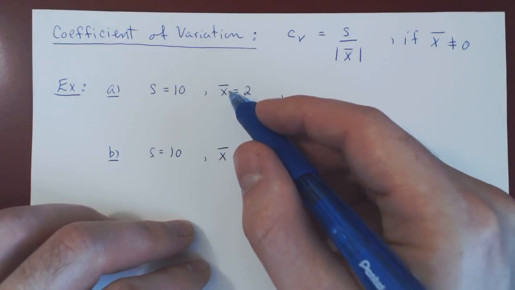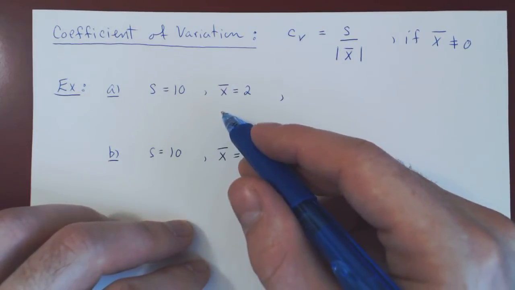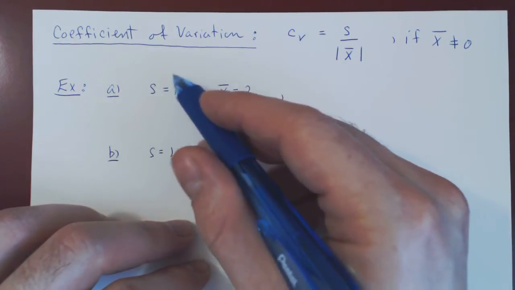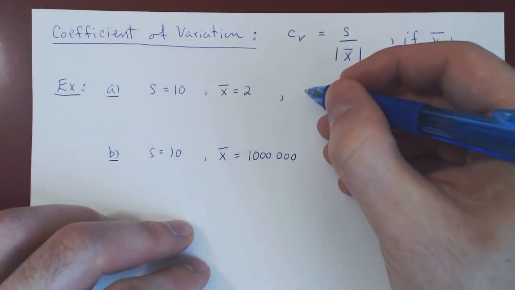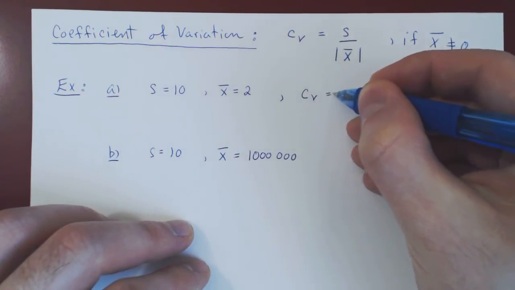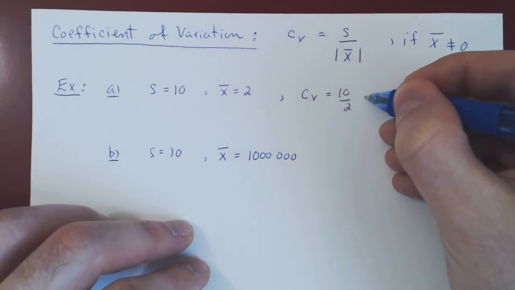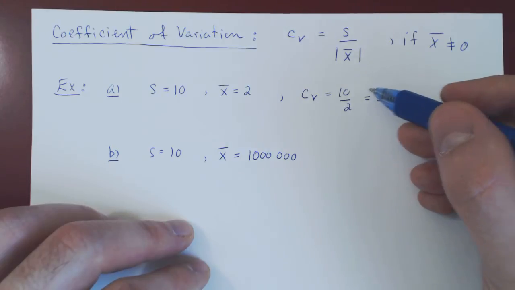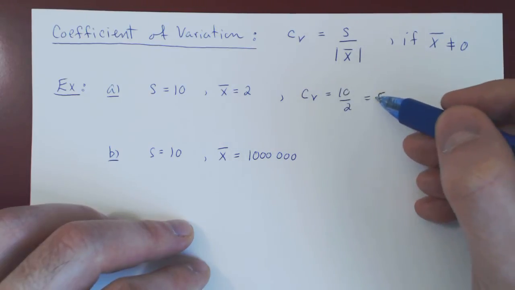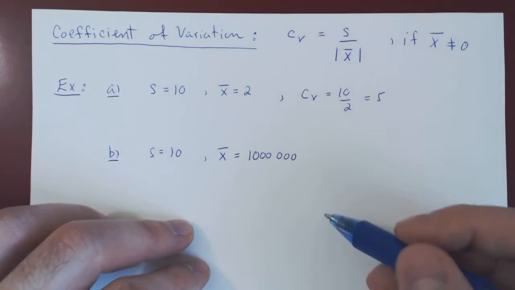And so in this situation, it is unpleasant, as the deviation is much bigger than the sample mean. So here your coefficient of variation, 10 over 2, is 5, which is quite big, right? The standard deviation is 5 times bigger than the sample mean.